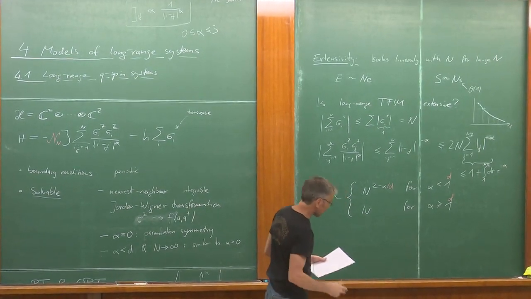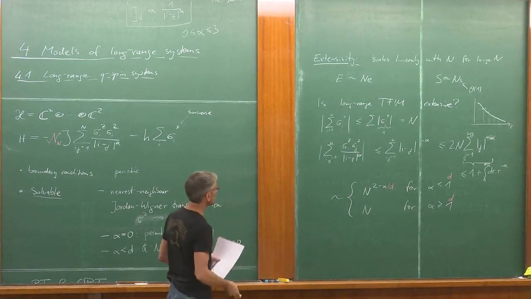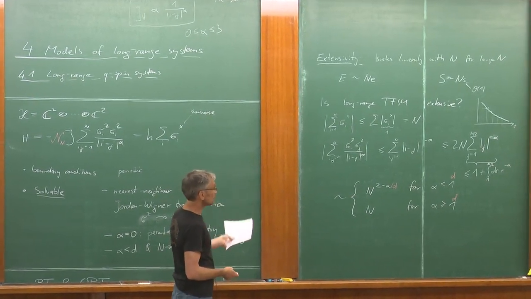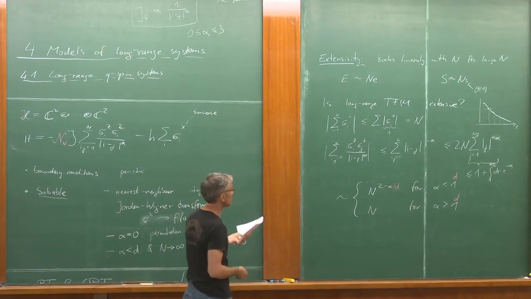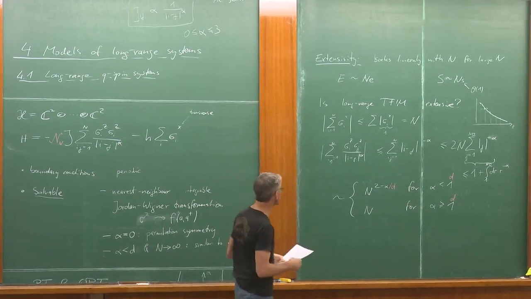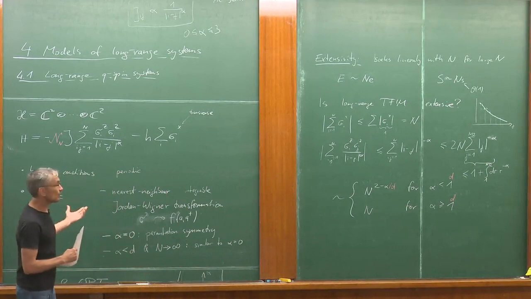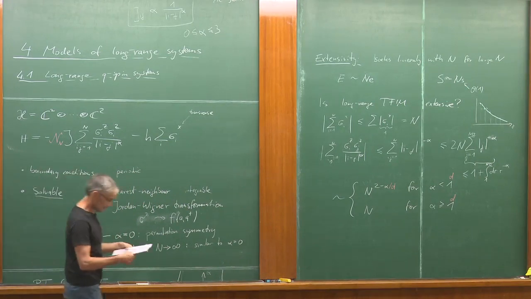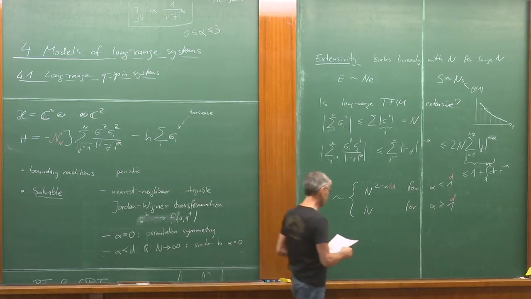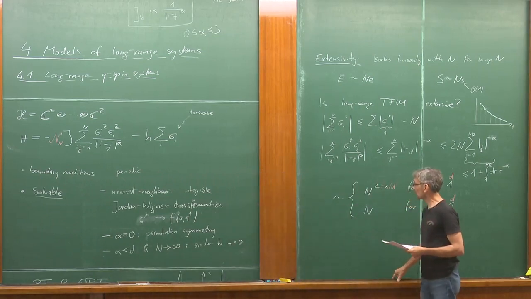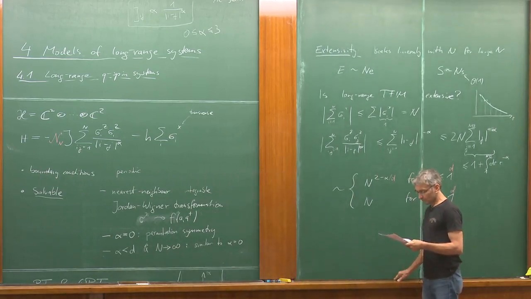So the long-range transverse field Ising model is not extensive, or the energy is not extensive, for alpha smaller than the dimension. And if we want our Hamiltonian to be extensive, we therefore have to introduce a term that makes it extensive, if we dare to do so.